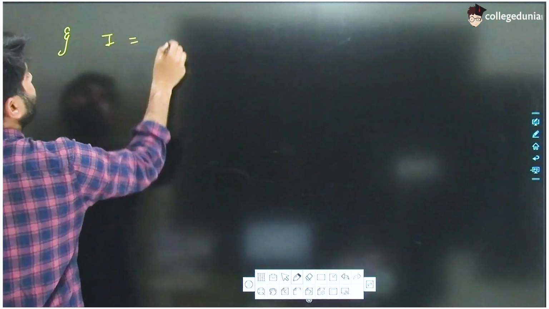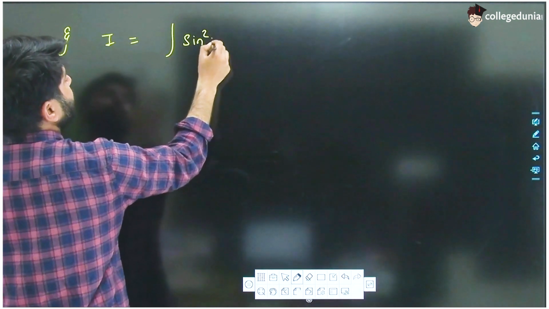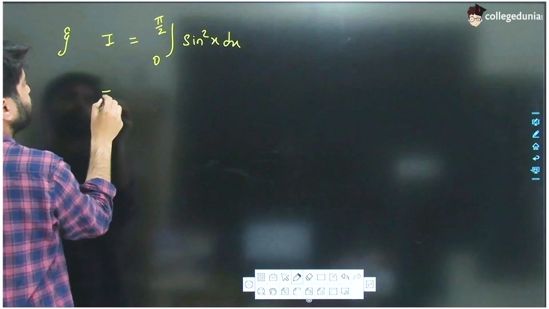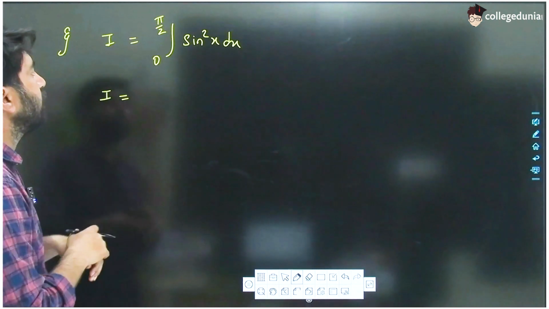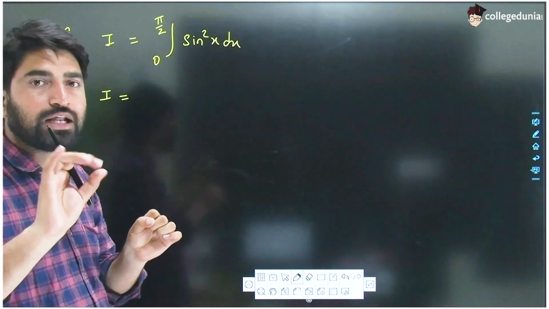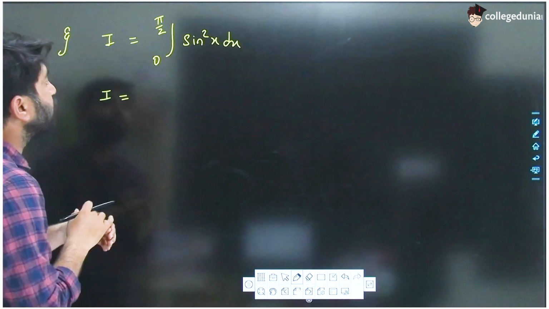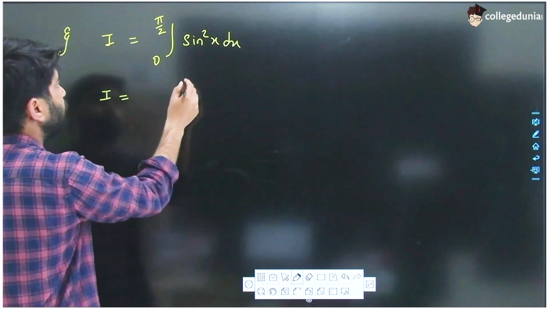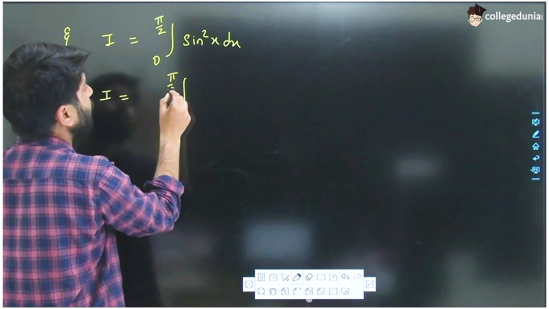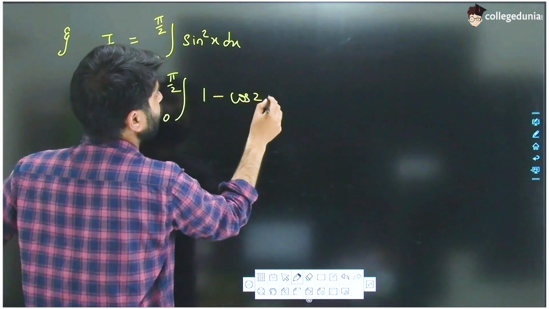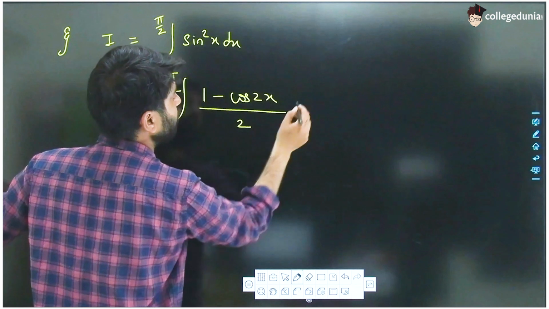ओके, सो suppose there is a trigonometric function sin square x, lower limit is 0 and upper limit is pi/2. So guys this is a trigonometric problem. हमारे पास sin square x का कोई डायरेक्ट इंटीग्रेशन नहीं होता। So first of all we need to convert this sin square x in some integratable form, right? So 0 से pi/2 sin square x को हम लिख सकते हैं 1 minus cos 2x upon 2.